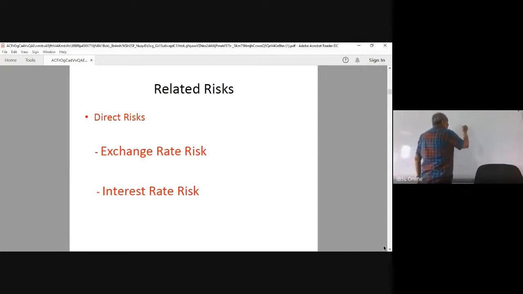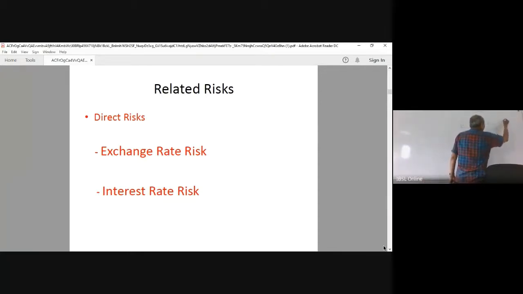Direct risk we can classify further under exchange rate risk and interest rate risk.